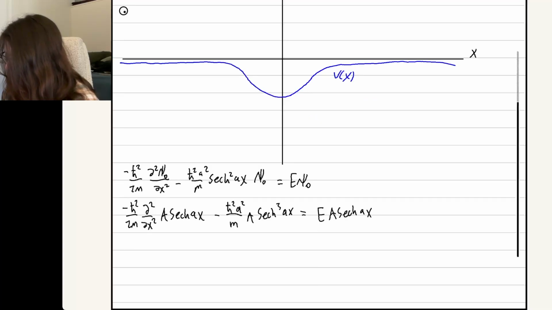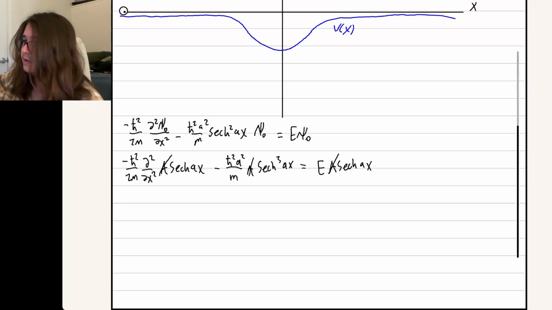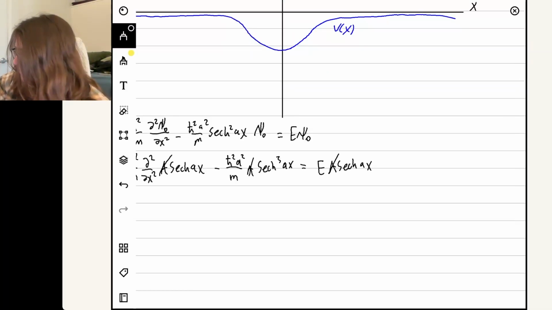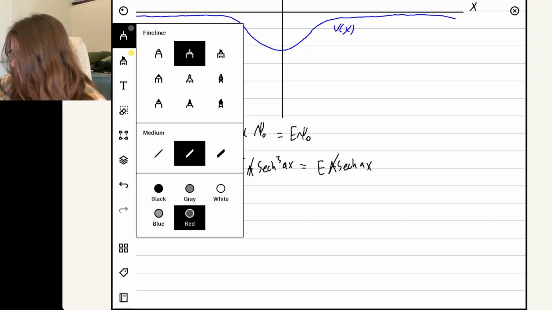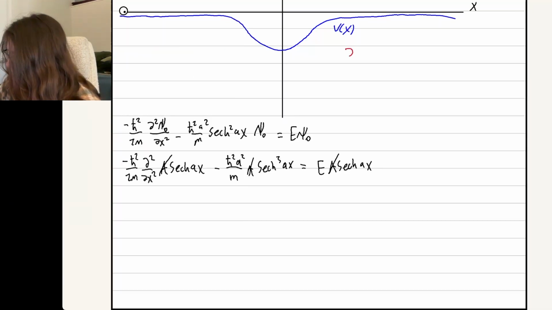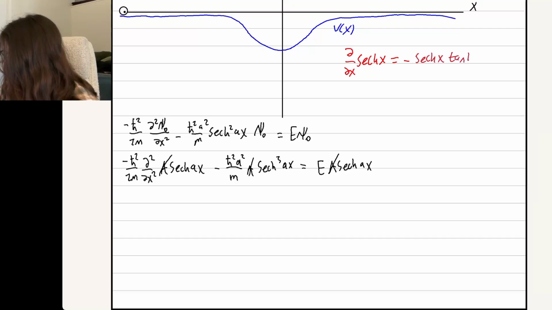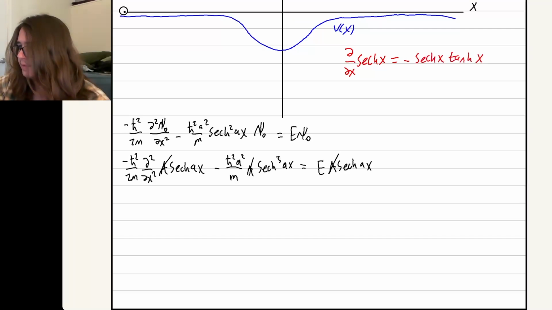And I'm going to go ahead and cancel out all of the factors of A because we can. And then this is a derivative I didn't know off the top of my head, and so I'm betting that you don't either. But the derivative with respect to x of the hyperbolic secant, sech of x, is just equal to minus sech x tanh x, right?